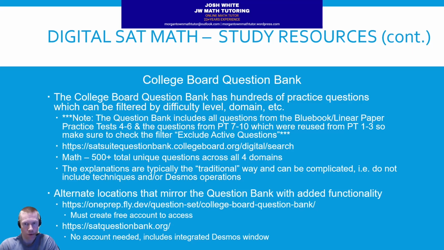So the reused questions are in the question bank. The quote-unquote new questions on a Bluebook or linear paper practice test 7 through 10 are not in the question bank, as of now, March 2025.